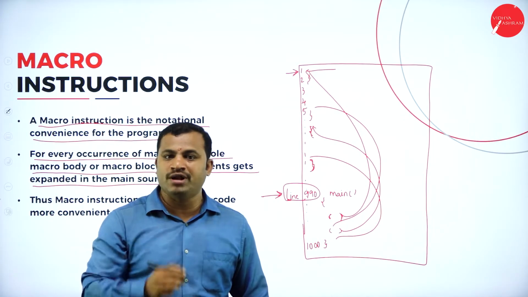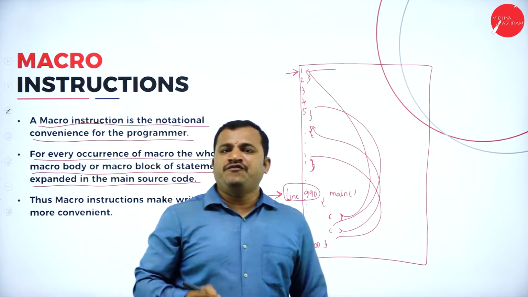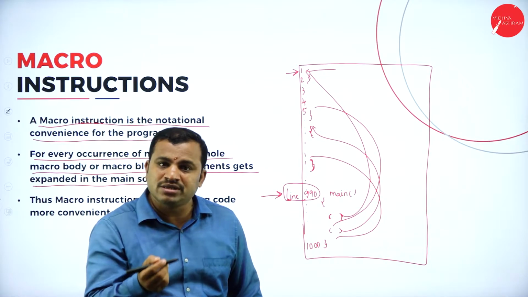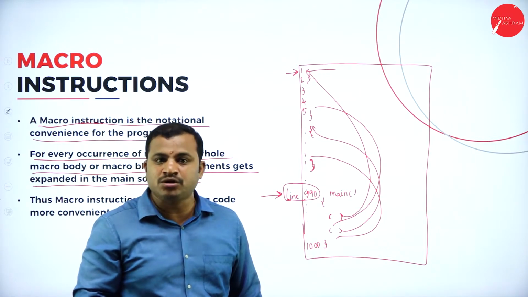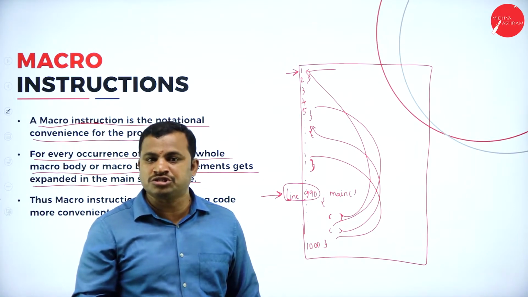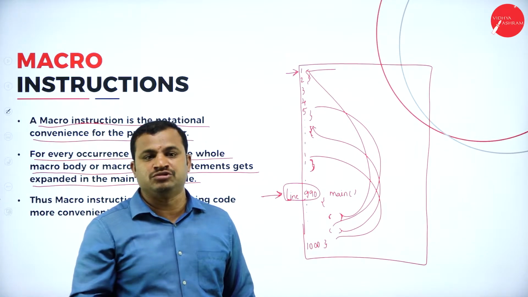In case of modularity, suppose I have macro definitions, how can I do that? What is the purpose of using the macro instructions? What is the advantage of using the macro instructions? Let me clarify that.